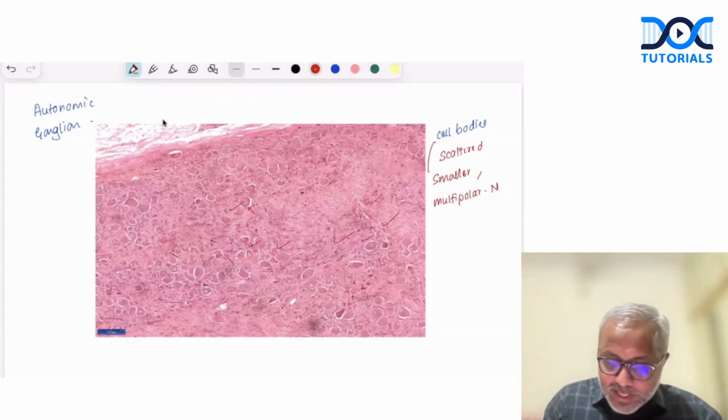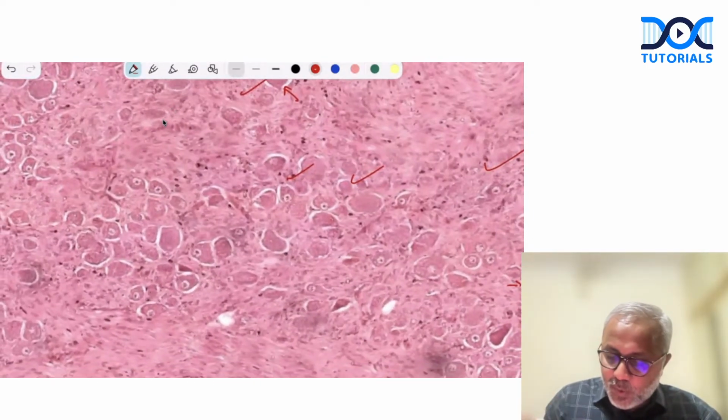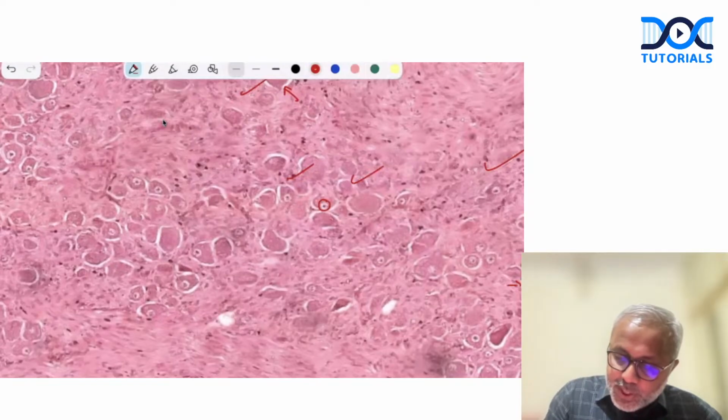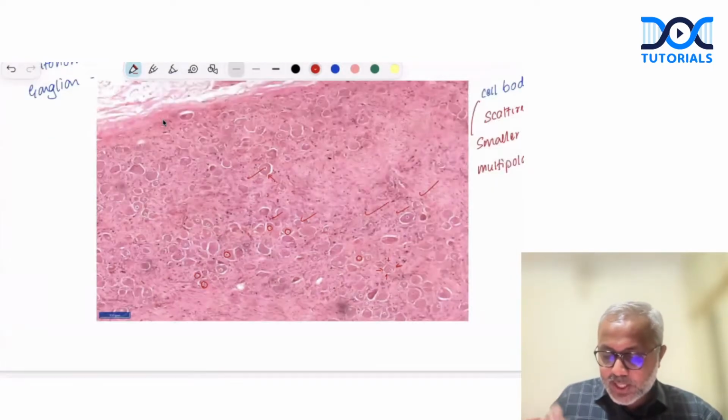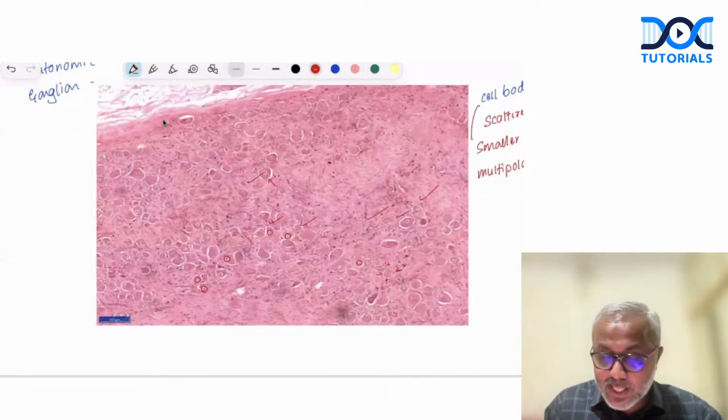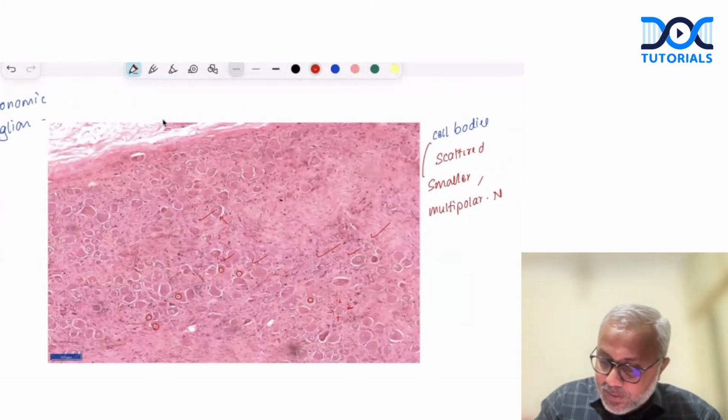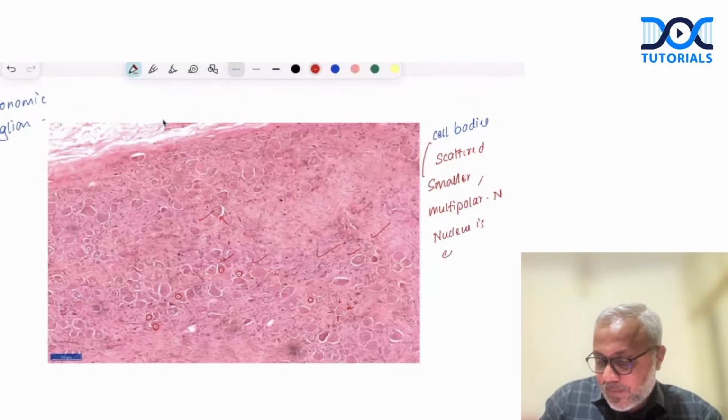Then the next characteristic feature is, I want you to take a look at the position of the nucleus. Fine. Take a look at this. Take a look at this, even this. What is the characteristic position of the nucleus? So remember here, the nucleus, right? The nucleus is eccentric.